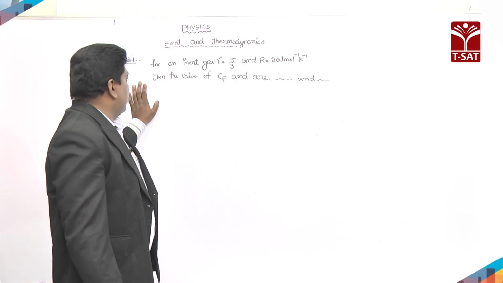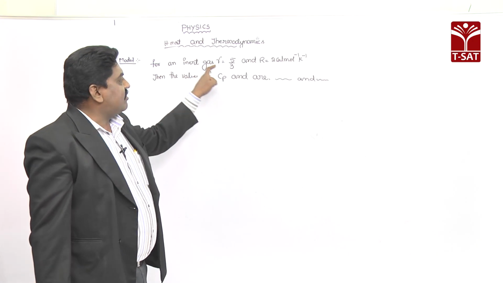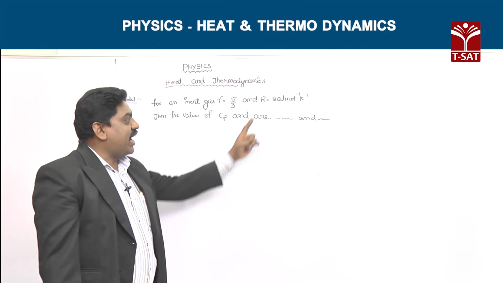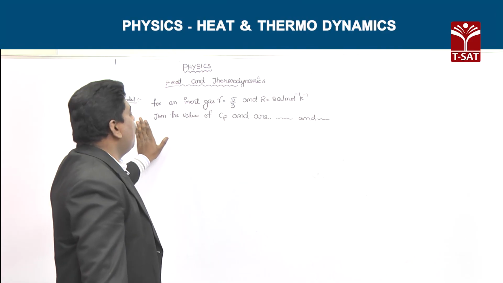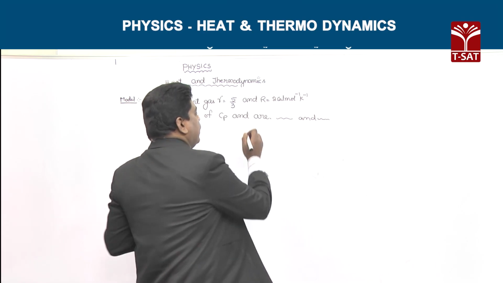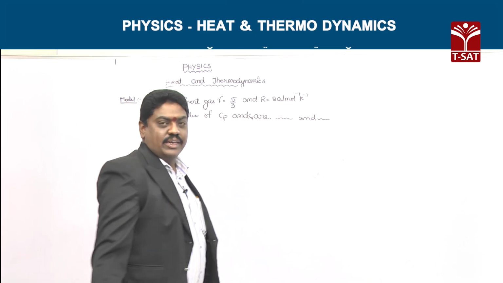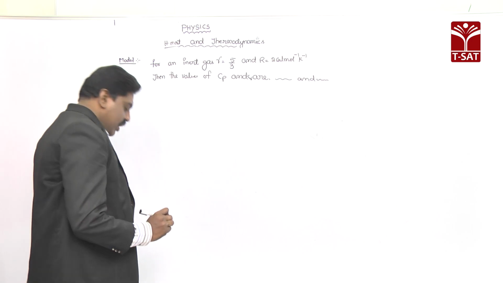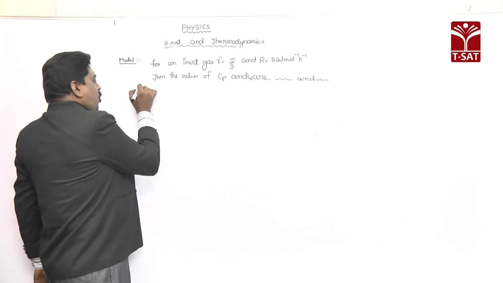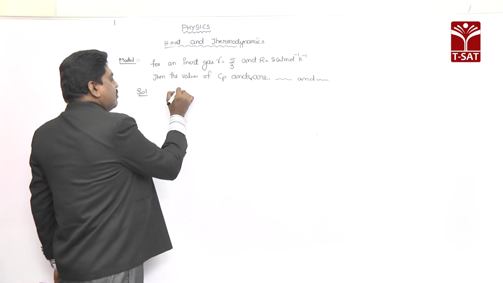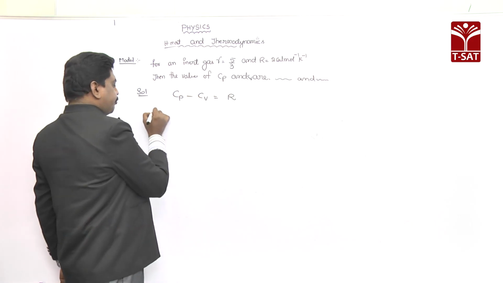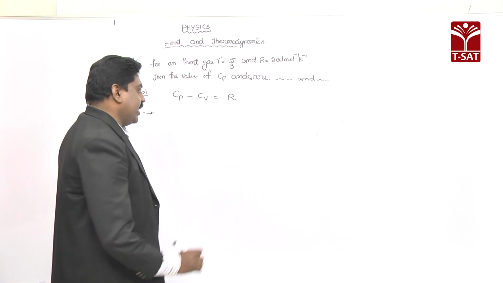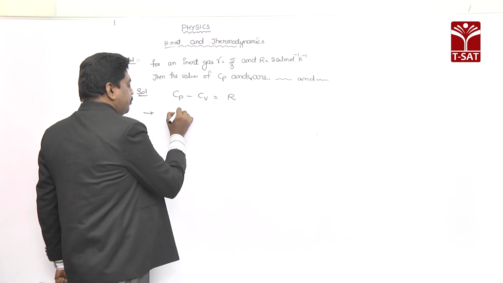Now, let us see a model. For an inert gas, gamma is given as 5 by 3 and R value is given as 2 calories per mole per Kelvin. Then the values of Cp and Cv are dash and dash. Now, we know very well that Cp minus Cv equals R. Divide both sides by Cv.